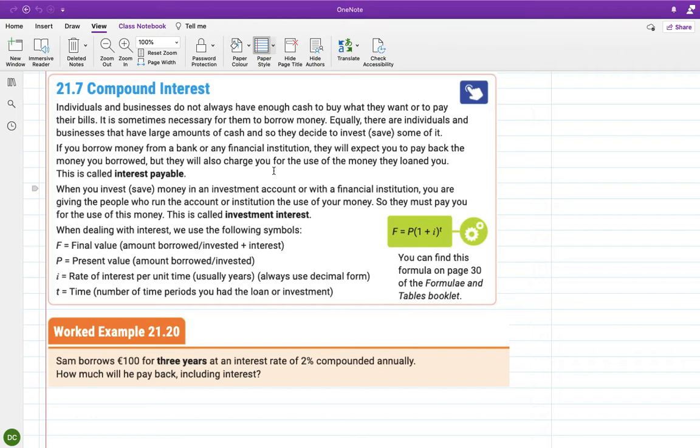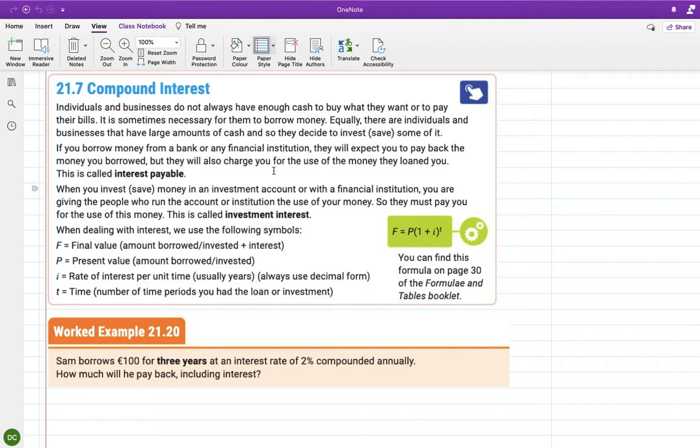Okay, so compound interest. Essentially, compound interest is money that is paid. So let me think. I think it's better explained with investments.